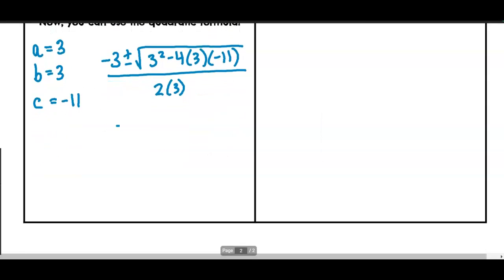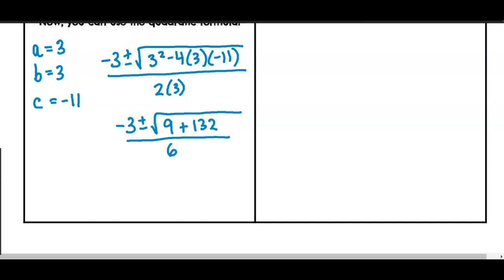So negative 3 plus or minus, and if I'm going too fast, you can always pause the video. 9 plus 4 times 3 is 12. 12 times 11 is 132, I think, all over 6. Yeah, because 12 times 12 is 144, so take away 12, 132. Yeah, should be good. All right, so negative 3 plus or minus square root of 141 all over 6.